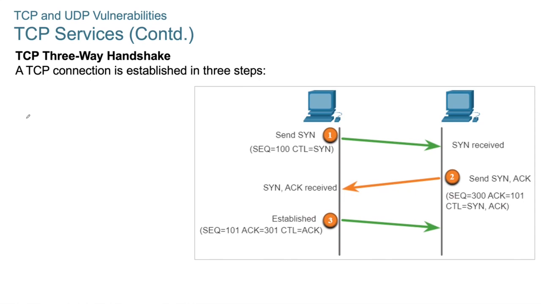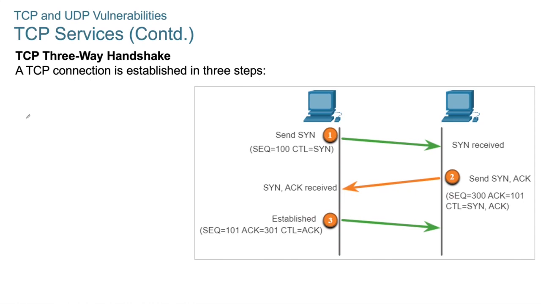So during this three-way handshaking process, are there any vulnerabilities? Yes, definitely there is a vulnerability in this case. How? For network applications which use TCP or UDP ports, the threat actors conduct a port scan of the target device to discover which services they offer, whether a TCP service or a UDP service.